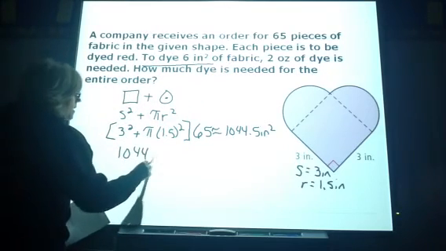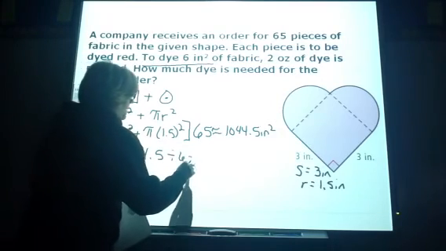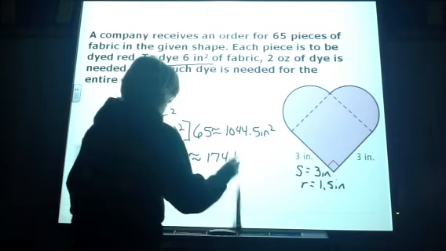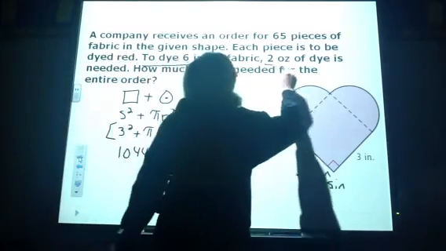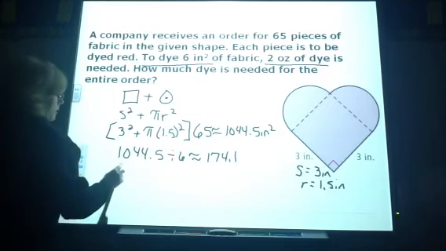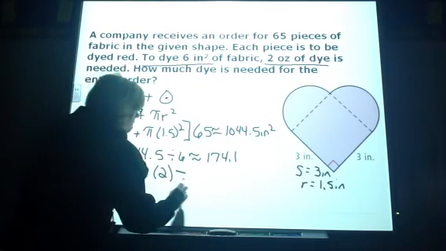If 6 square inches takes that much dye, then we need to divide by 6. And then if 2 ounces of dye is needed, we need to multiply by 2.